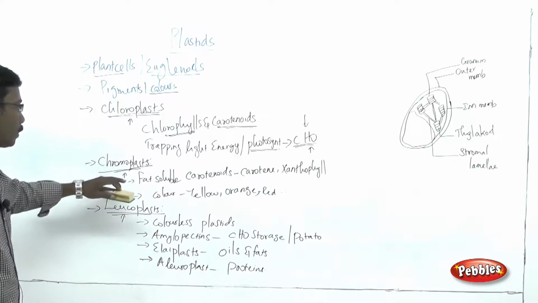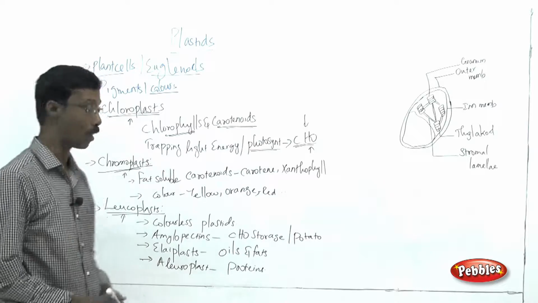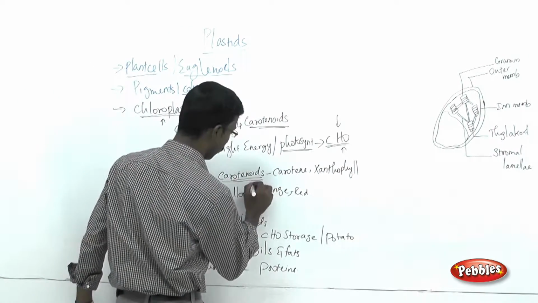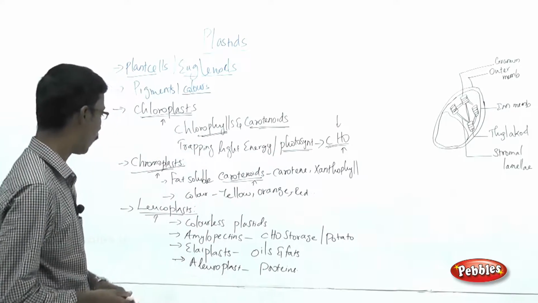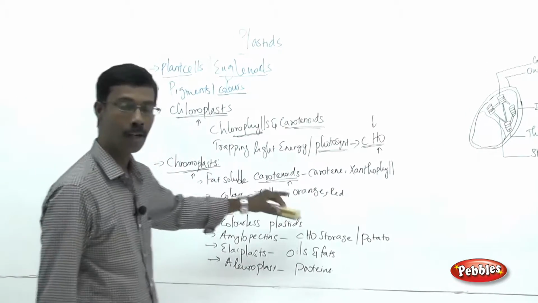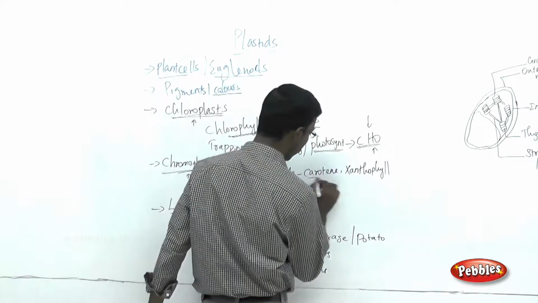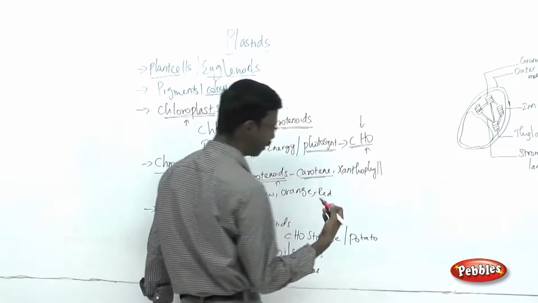So the next group of plastids we are going to see is the chromoplast. So what are chromoplasts? Chromoplasts also contain some pigments, carotenoids, okay, fat soluble carotenoids. The purpose of carotenoids over here is giving color to the particular plant. There are so many different types of carotenoids available: carotene, xanthophylls.